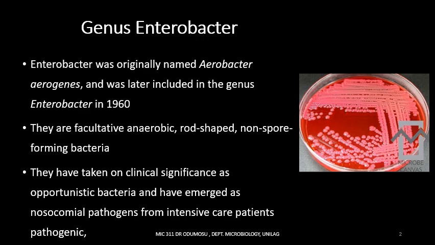This bacterium was initially named Enterobacter aerogenes and was later included in the genus Enterobacter in 1960, based on the alignment and similarity of the sequence to other members of Enterobacter. Enterobacter aerogenes remains one of the clinically and environmentally relevant members of genus Enterobacter.